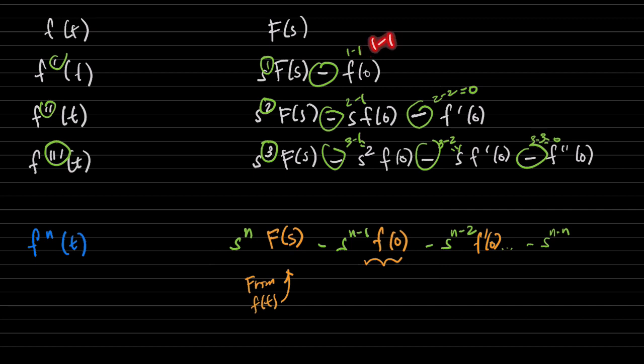So basically 1 minus 1. And then this one, single degree lang siya ng derivative. So ito ay 2 minus 1, which is pwede natin i-relate sa degree ng derivative natin. And dito sa pinakadulo ay 3 minus 1. So yung dulong f pala ay basically f n minus 1 of t. F n minus 1 of 0 lang, no? So ganun. F n minus 1 of 0. So siya yung nasa dulo.